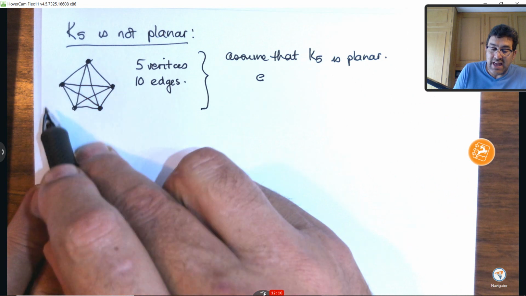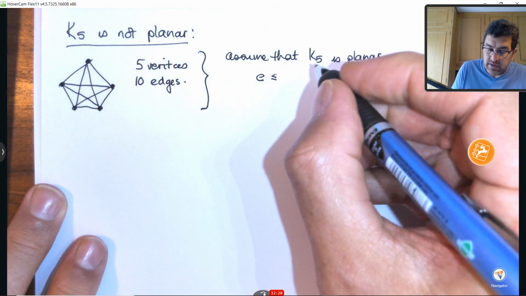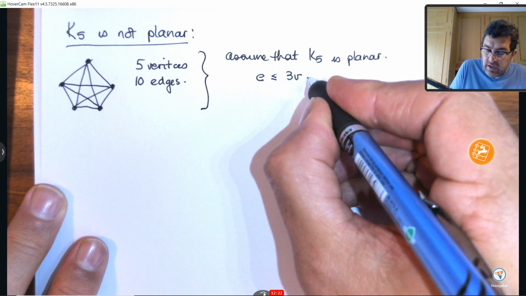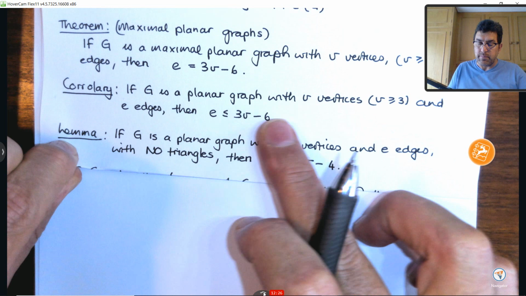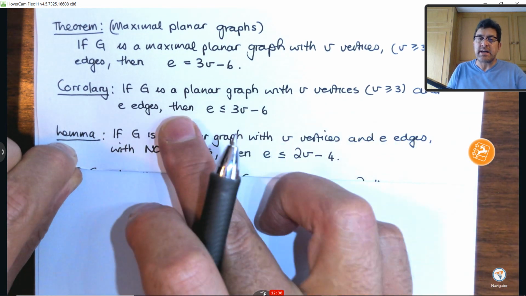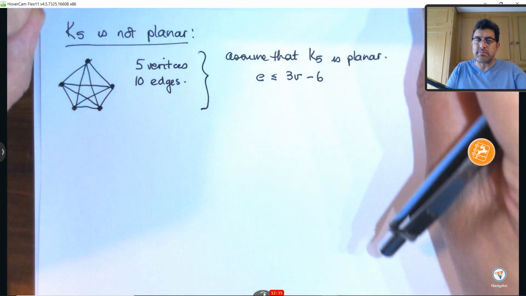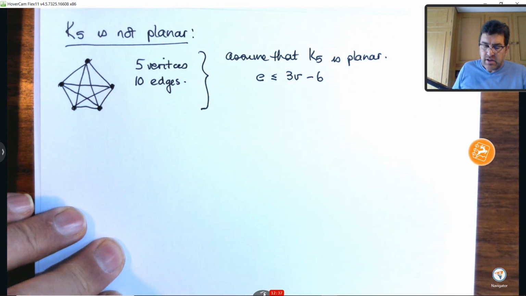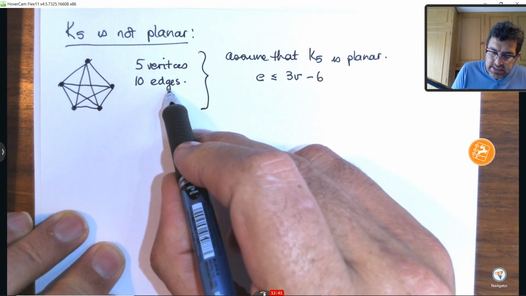If it's a planar graph, and there are triangles in this one, then we know that this is definitely true: E is at most 3v minus 6. That goes for a planar graph with v vertices, where v is bigger than 3, and e edges. This comes from the maximal planar graph theorem. Now, the number of edges we have is 10.